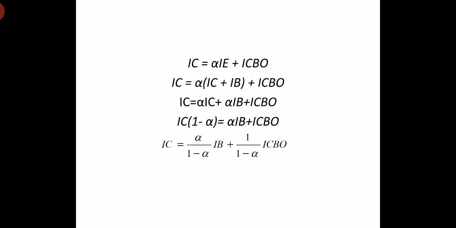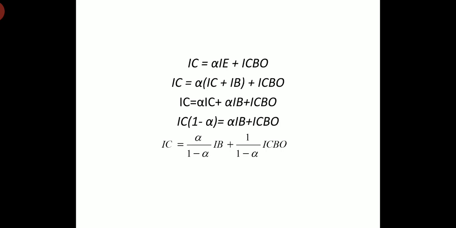So, IE means IC plus IB. Therefore, IC equal to alpha into (IC plus IB) plus ICB naught. If I rearrange this equation, I get IC equal to alpha by 1 minus alpha into IB plus 1 by 1 minus alpha into ICB naught.